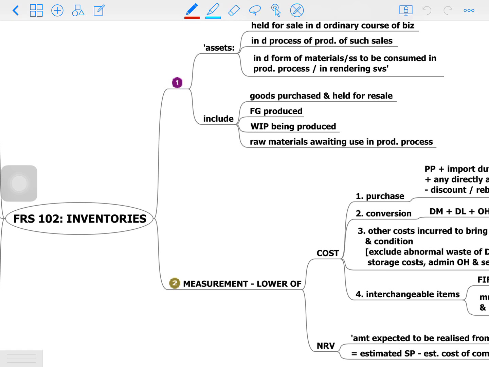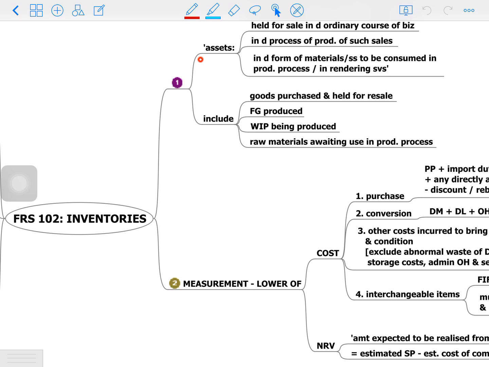The definition normally given by FRS 102 is that inventory is an asset, an asset which is held for sale in the ordinary course of business. If you are in the business of selling cars, then you buy and sell cars.